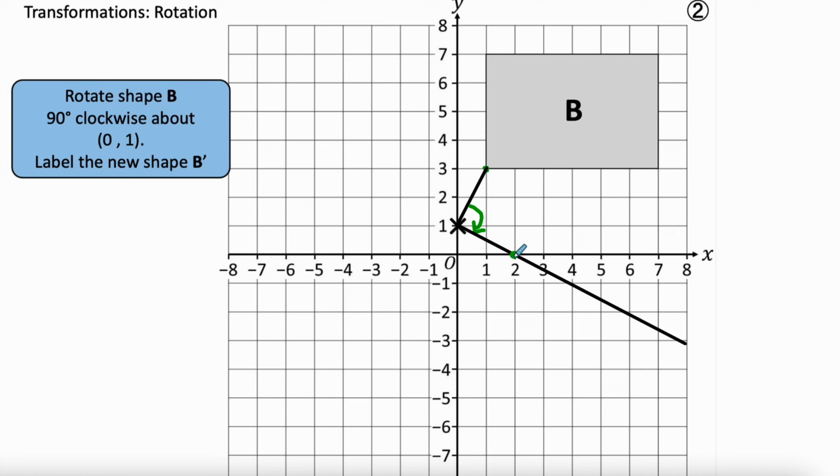This is the segment that will make it the same distance. So more or less it should be this long. Now we can see that this vertex is going to move here.